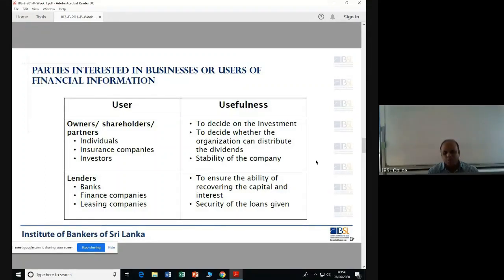Businesses have evolved over a period of time, and their evolving nature is also established by way of accounting, because the moment you start providing financial accounting information, the businesses tend to do more and more better. So there is a real relationship between the businesses and accounting per se.